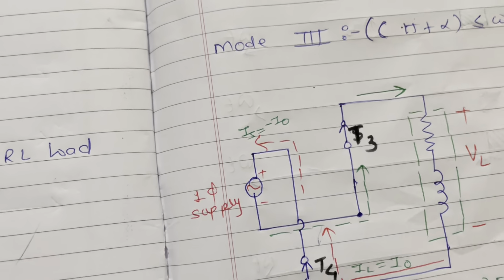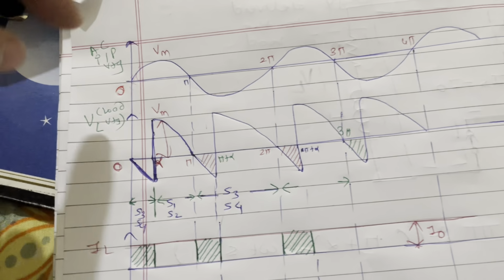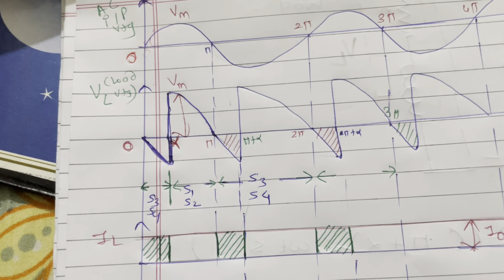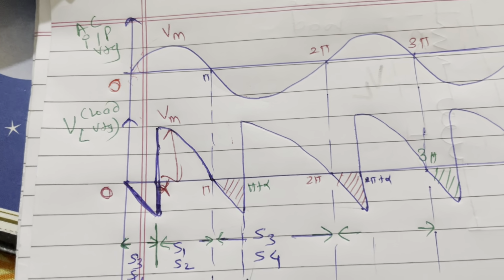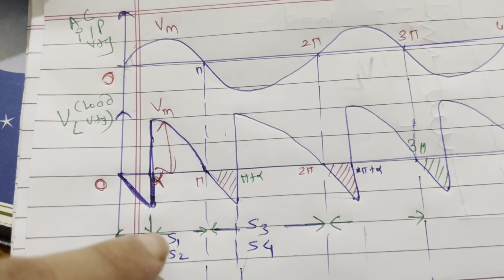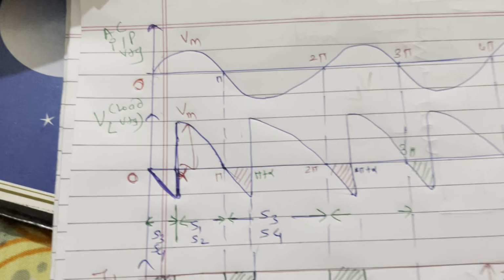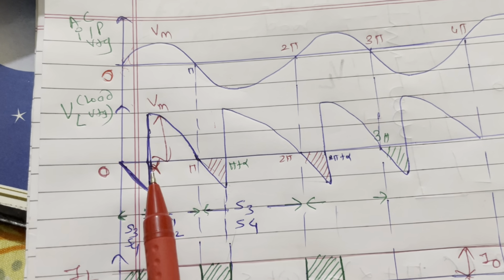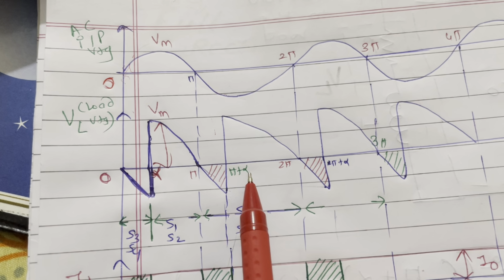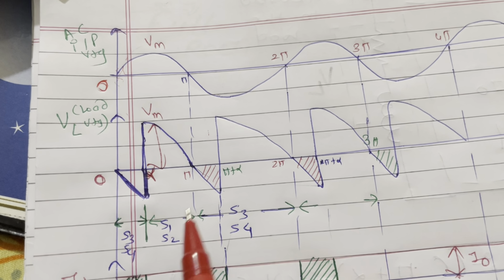See in this figure, the conduction is transferred from SCR1 and SCR2. SCR1 and SCR2 conduct from alpha to pi plus alpha. After that, with the negative supply, SCR3 and SCR4 conduct after pi plus alpha.